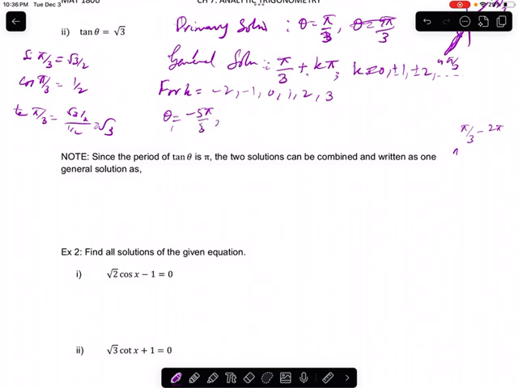Then pi over 3 minus pi will give me negative 2 pi over 3, and then 0 will give us just pi over 3, and then pi over 3 plus pi will give us 4 pi over 3, and then pi over 3 plus 2 pi will give us 7 pi over 3, and then pi over 3 plus 3 pi will give us 10 pi over 3. So we have the 6 particular solutions.